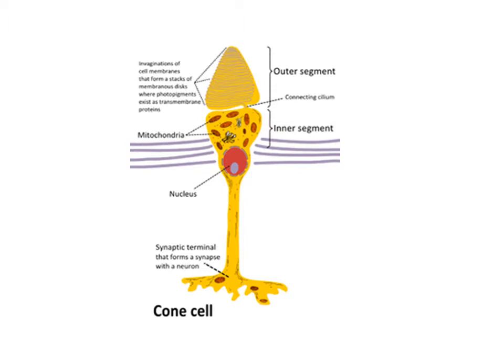Okay, one last cell we're going to look at, going back to animals now for this one, is the cone cell in your eye. Again, you can see some of the generalized features for most animal cells. It's got the nucleus there, there's some mitochondria, it's got a cytoplasm, cell membrane. There's nothing there that you haven't seen before, except up the top. If you look at the part labelled outer segment, it's got this cone shape, and it's made up of a series of discs, in which is a special chemical which changes colour when light hits it.